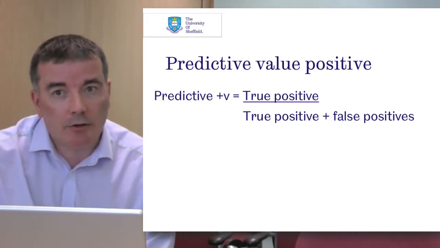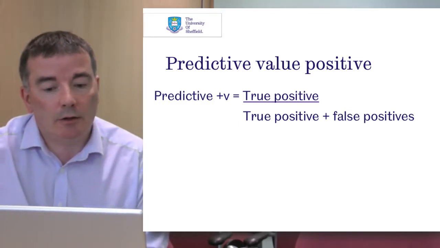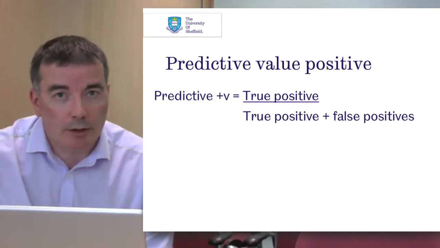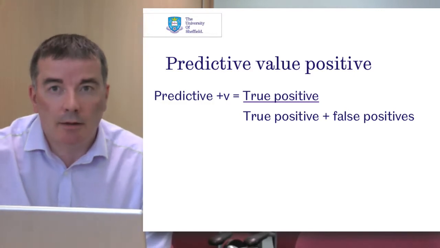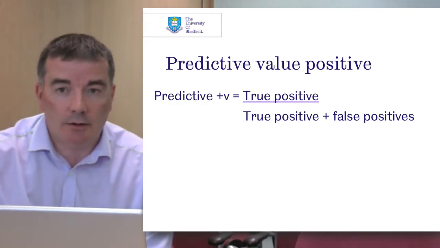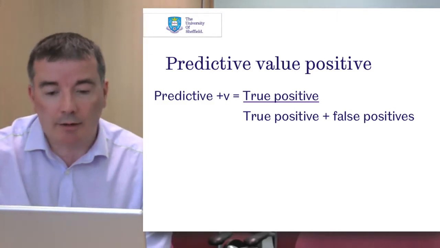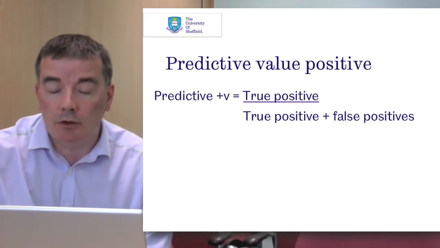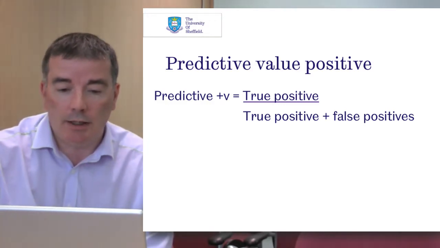When the manufacturers of pregnancy tests say that when it turns blue you're pregnant, and they say this is accurate 99.9% of the time, this is its predictive value positive, i.e. the chances that you are pregnant when the tester says you're pregnant, and the same would be true for diagnosis of disease.